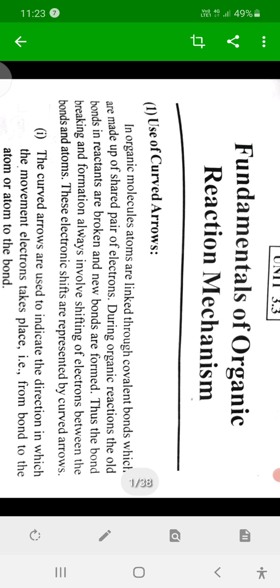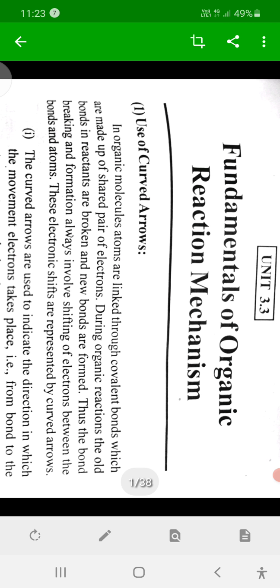I already said that in chemical reactions some breaking of bonds takes place and some new bonds are generated. What is actually a bond? Bond is nothing but sharing of electrons, an electron pair between those atoms.